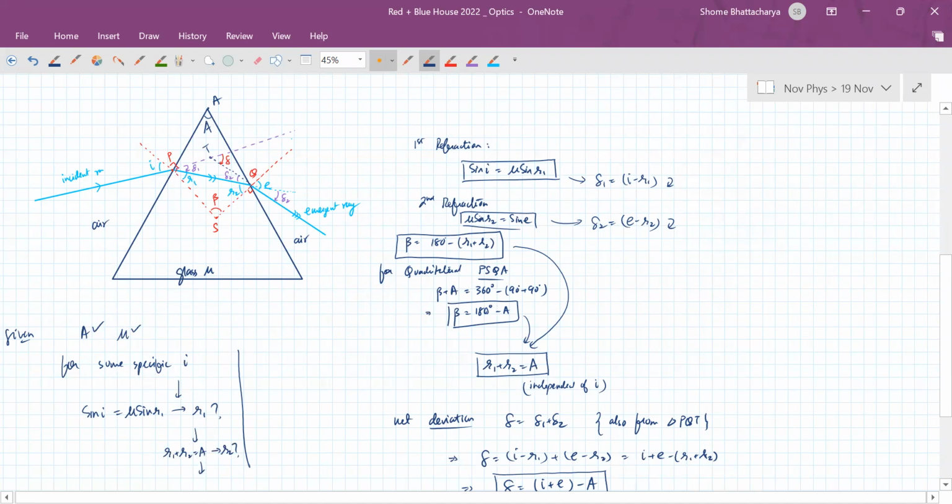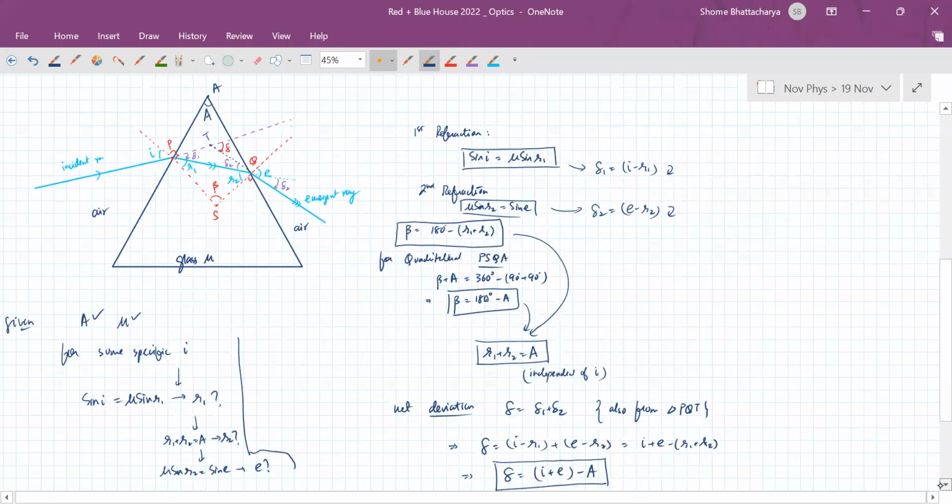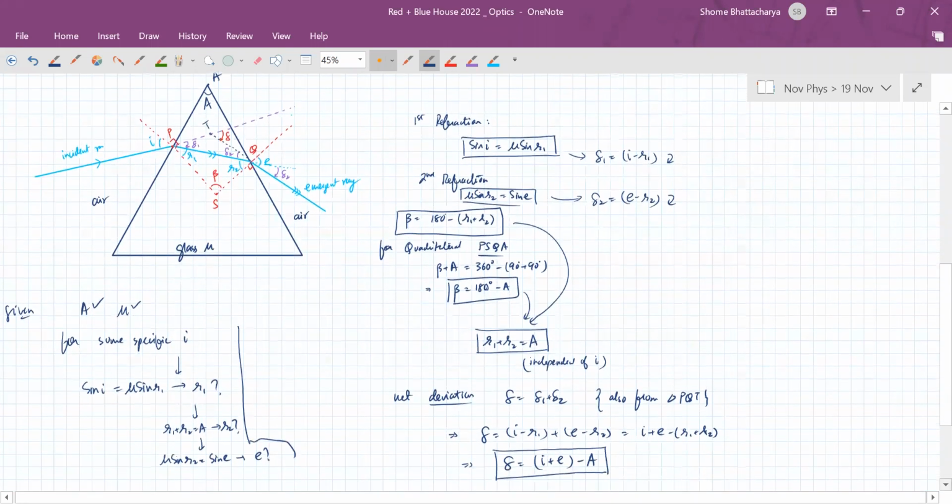Then again use Snell's law, mu sin R2 = sin E. From this we find the angle of emergence. And then finally from that we find the angle of deviation. So this is the process.